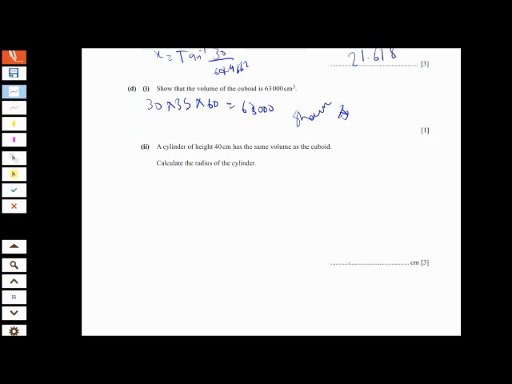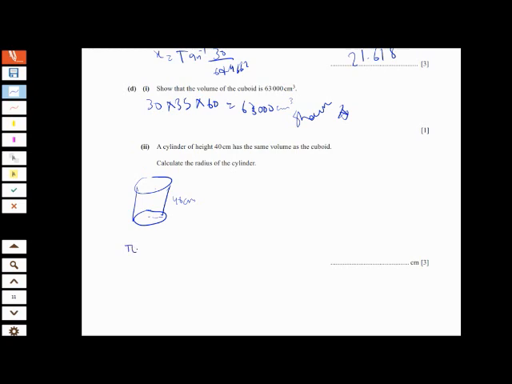Now a cylinder of height 40 has the same volume as the cuboid. So this cylinder, height 40 centimeters, has the same volume as the cuboid, which is 63,000 centimeters cubed. Calculate the radius of the cylinder. Basically, to find the volume of the cylinder, you have to know the formula, which is the area of the circle times the height.